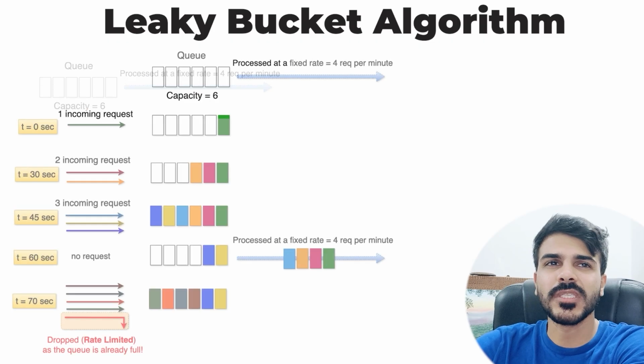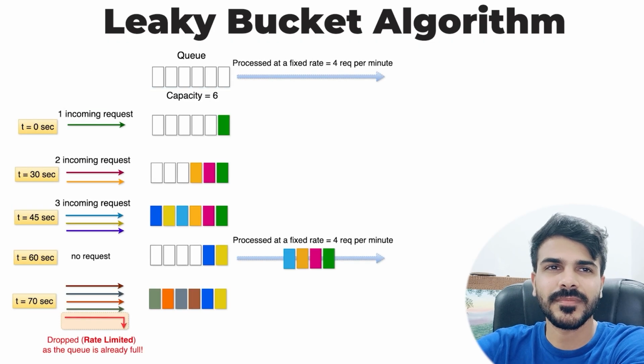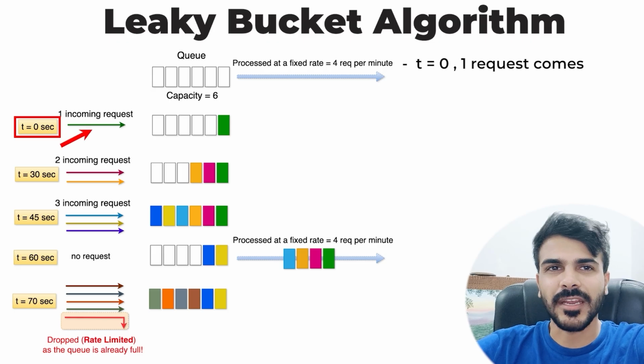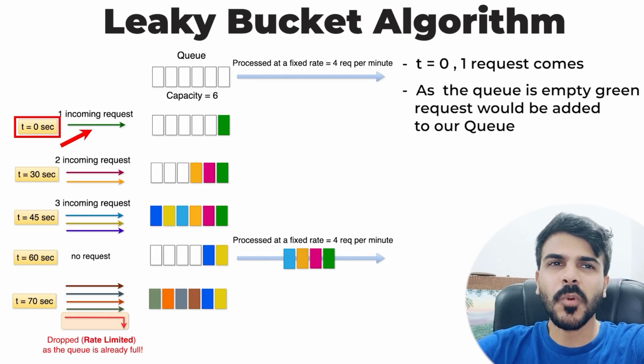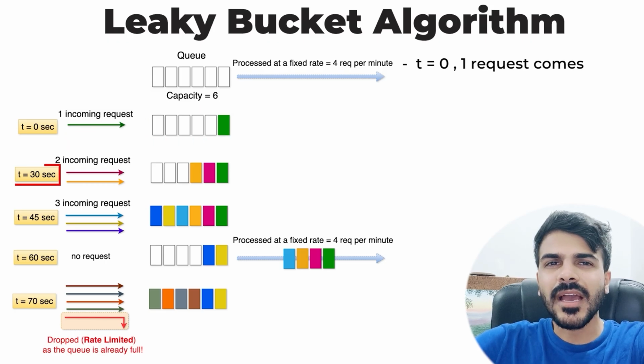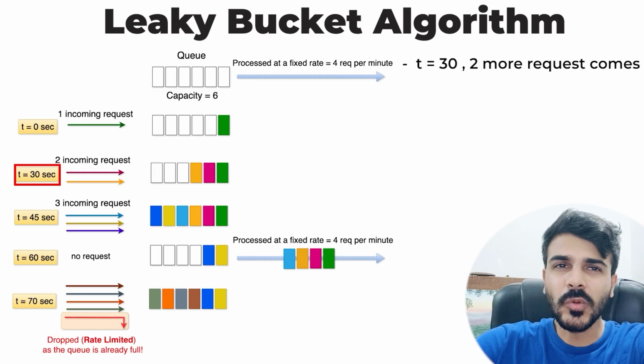So let's walk through one scenario to understand this. Let's say at t equal to 0 seconds, we have one incoming request, this green request. At this point, the queue is empty, so this green request would be added to our queue. Let's say at t equal to 30 seconds, we have 2 more incoming requests, the orange and the pink.